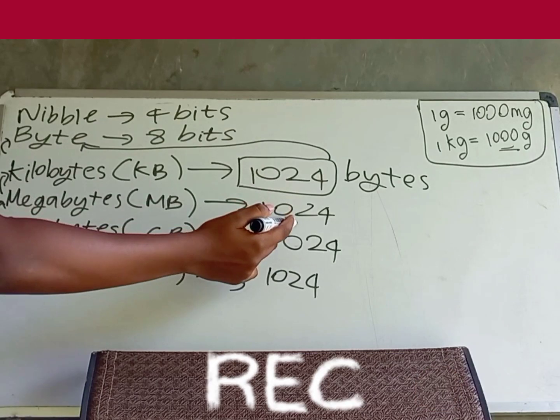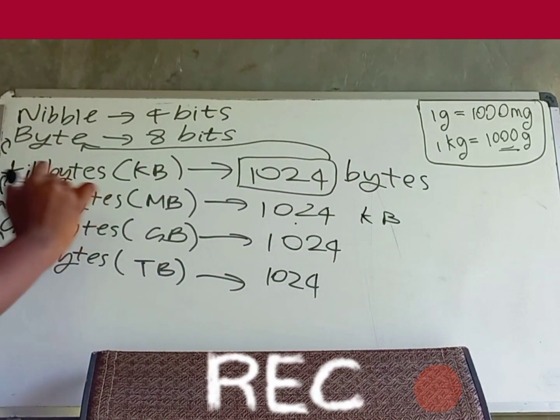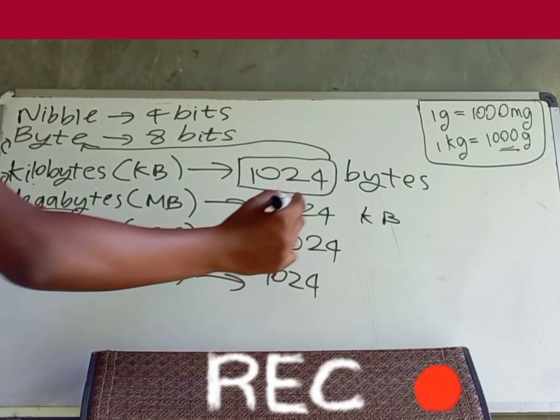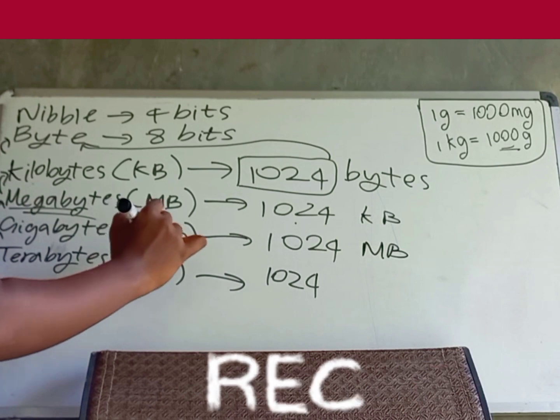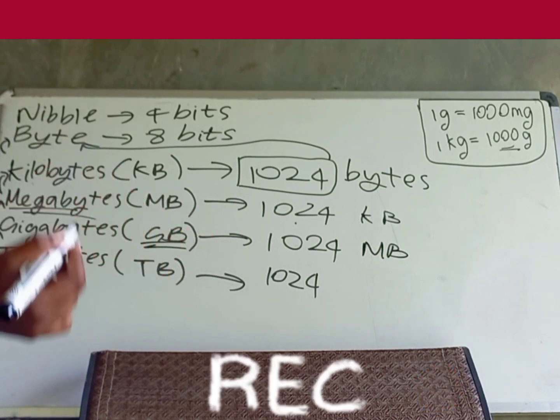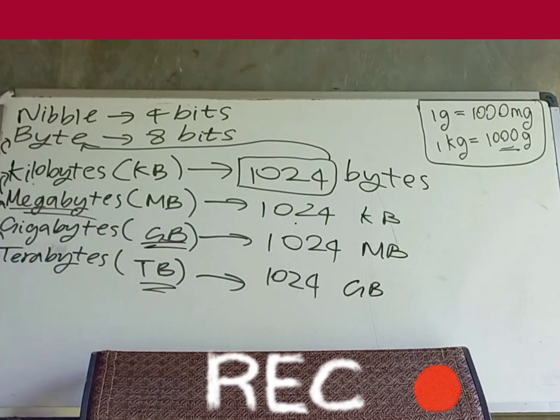So 1024 KB are present in a megabyte. 1024 MB is present in 1 gigabyte. 1024 GB is present in a terabyte.